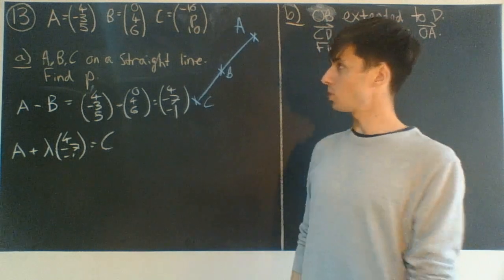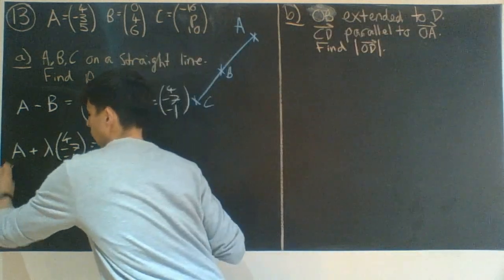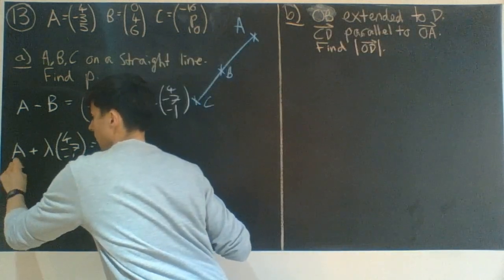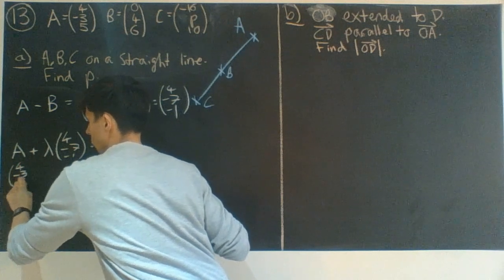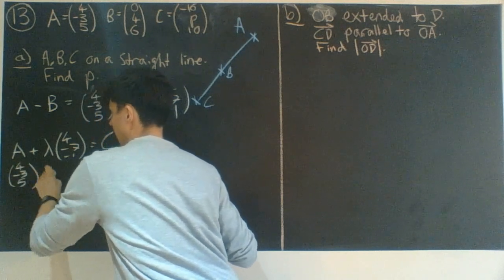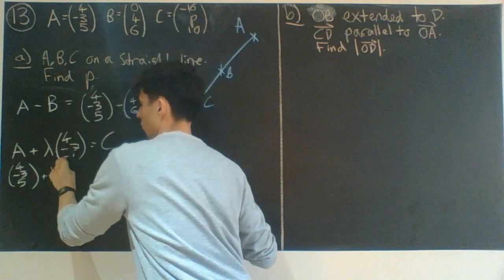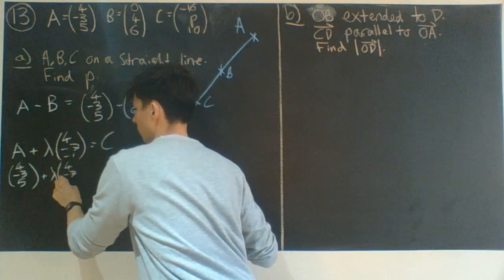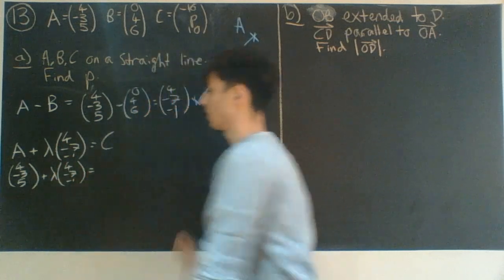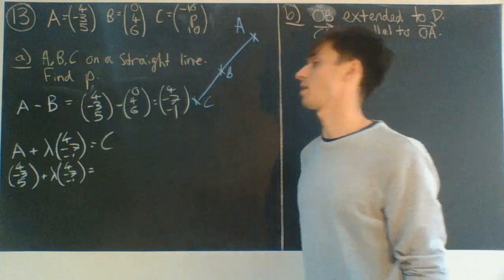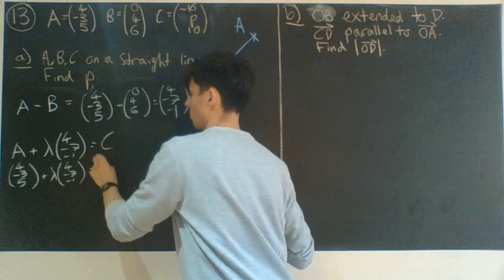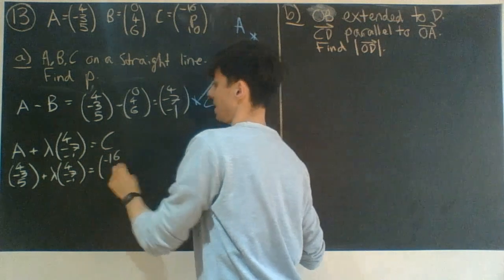So here then, if we put the numbers in, A was 4, -3, 5. And we're adding lambda lots of 4, -7, -1. And when we do that, we arrive at point C, which is -16, P, 10.